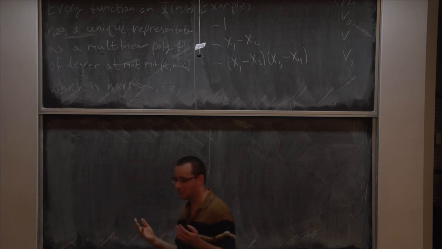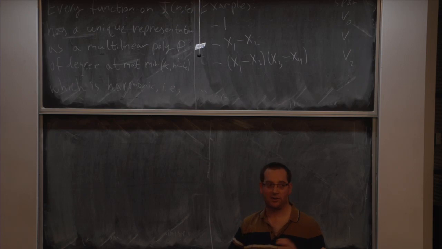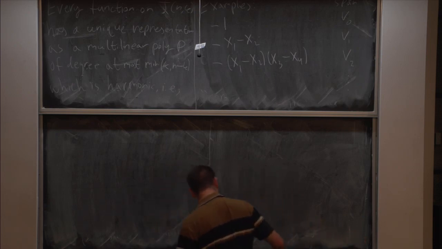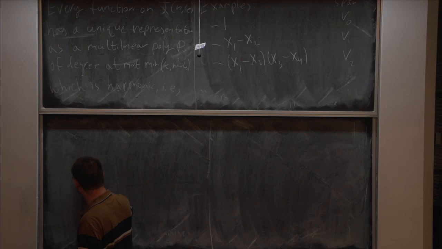Now again we use the example of the slice. So we consider the Boolean lattice. This will be a small example.